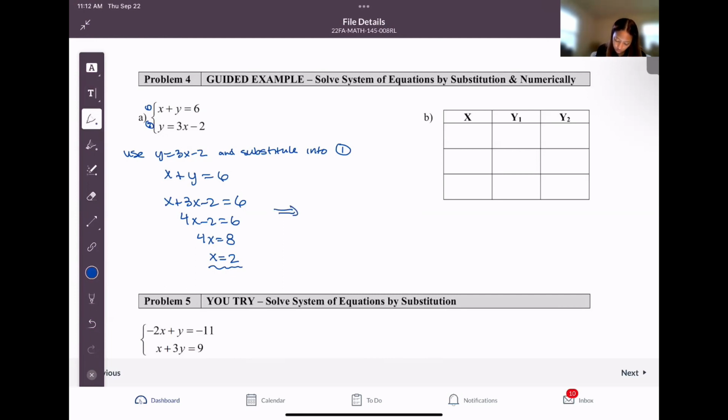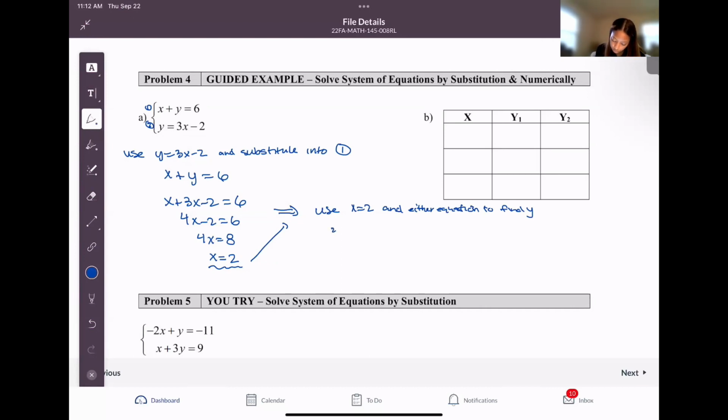The next step, we can then use what we got here. So use x equals 2, and you can use either equation to find y. We can use equation 1 or equation 2, but it'll be easier to use equation 2.